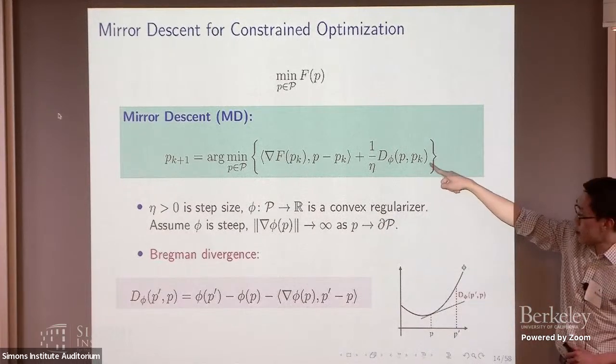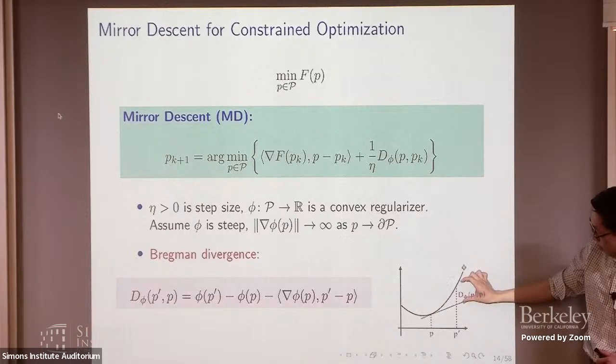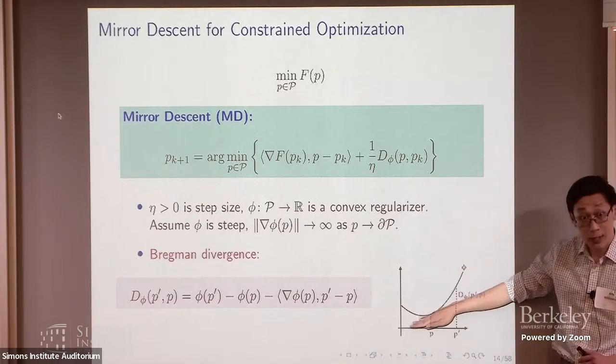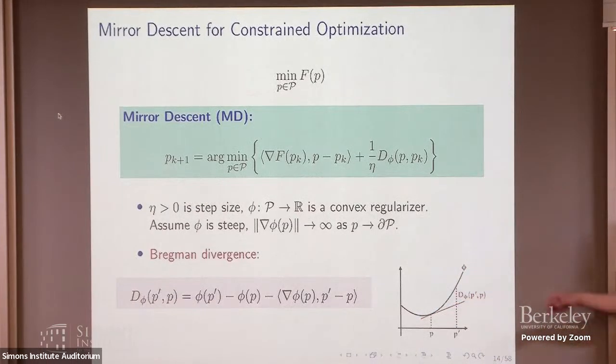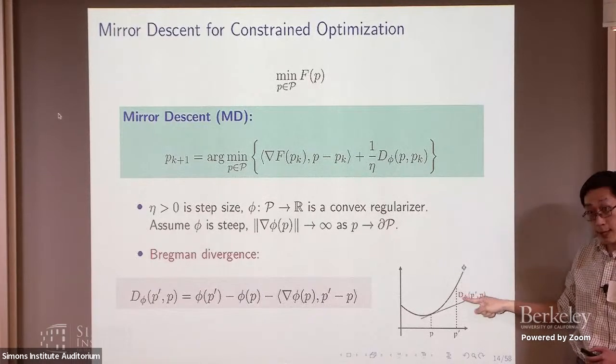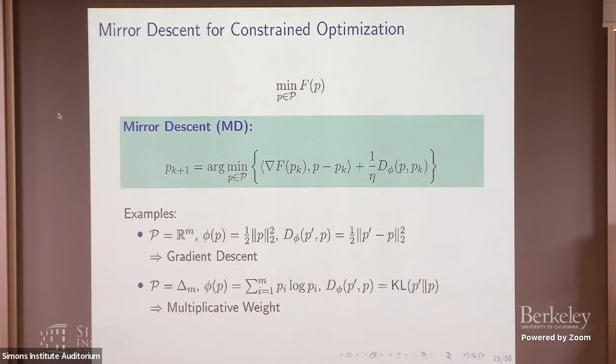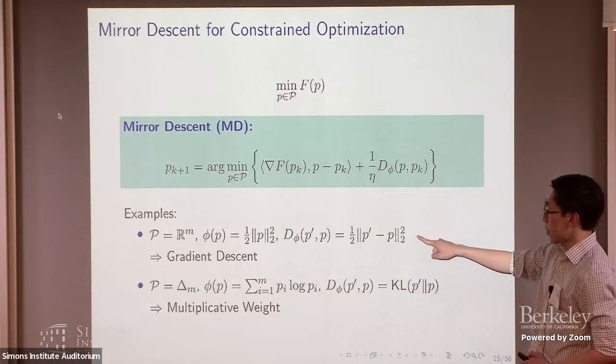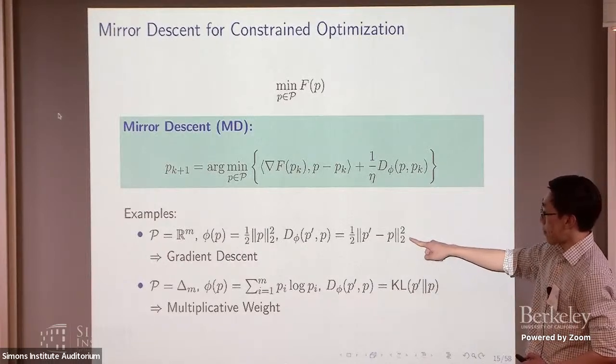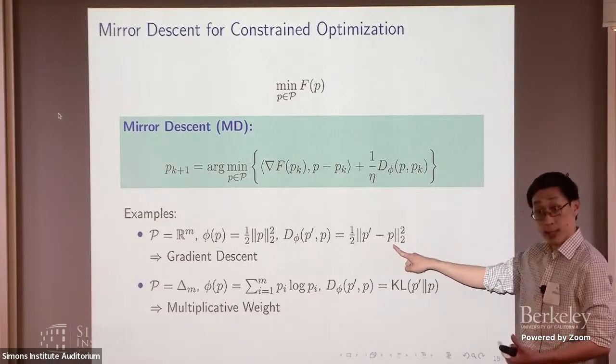And the Bregman divergence measures the distance between the function and the linear approximation, right? So when phi is convex, it's always non-negative, and we use that as a distance between the 2 points. So for example, in the unconstrained setting with quadratic regularizer, the Bregman divergence is just the L2 distance squared.